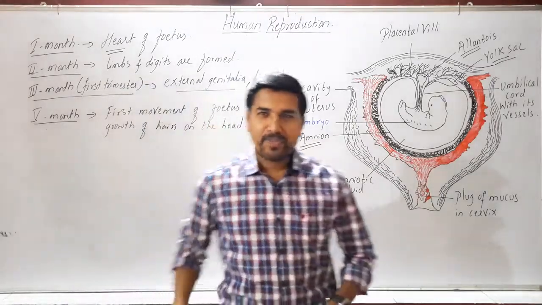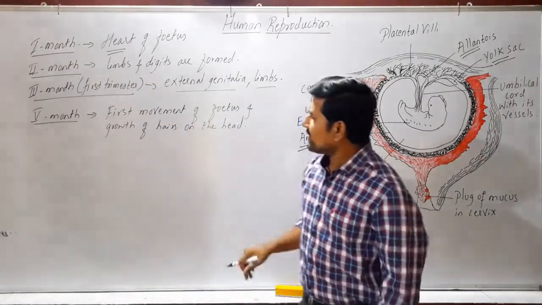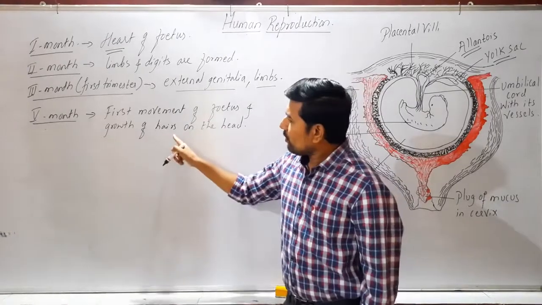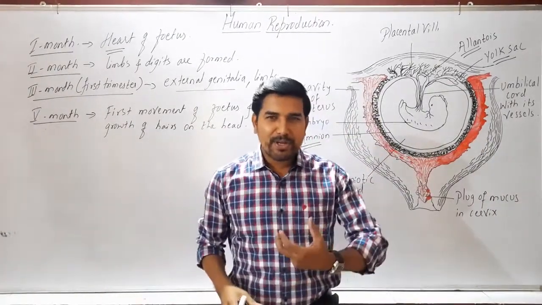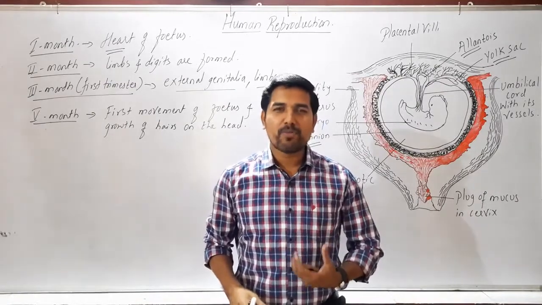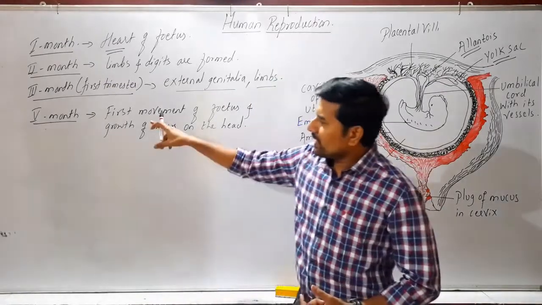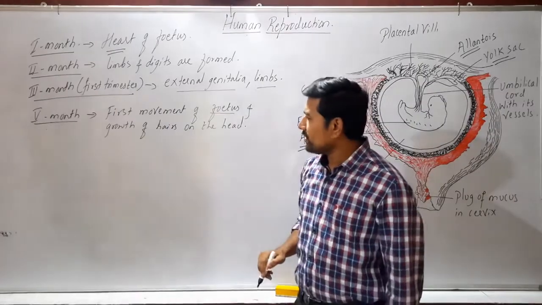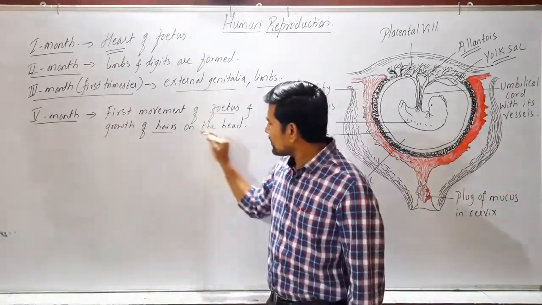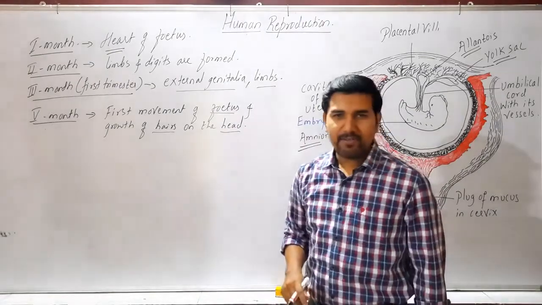Look at this part. In the fifth month of pregnancy, there is growth of hairs on the head as well as the first movement of the baby. These symptoms can be observed by the mother during the fifth month. That means the first movement of the fetus is shown in the fifth month and the growth of the hairs on the head is shown in the fifth month.